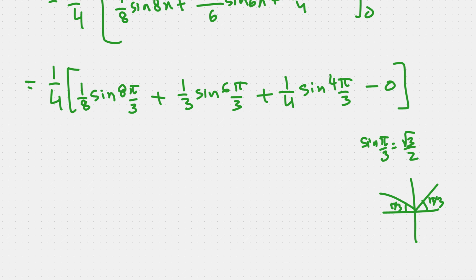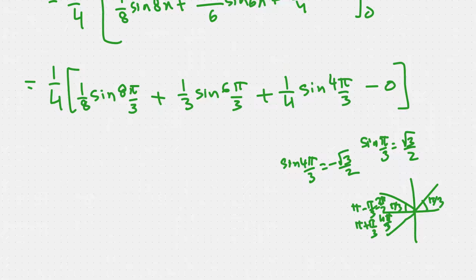The first quadrant is pi over 3, the second quadrant is pi minus pi over 3, that is 3 pi minus pi, that is 2 pi over 3. In the third quadrant it would be pi plus pi over 3, 3 pi plus pi, so 4 pi over 3. So sine 4 pi over 3 is minus root 3 over 2.